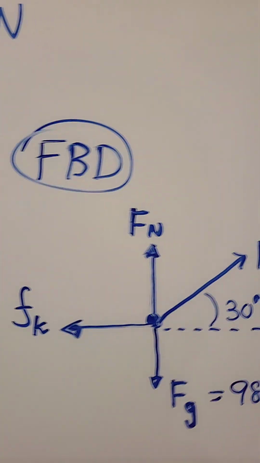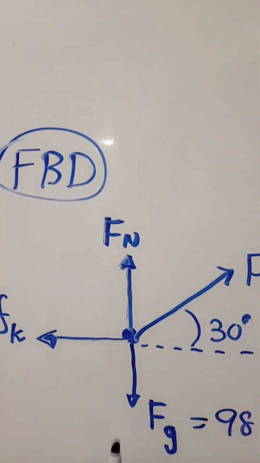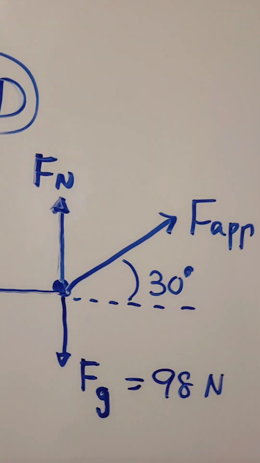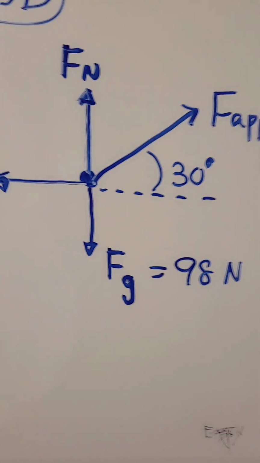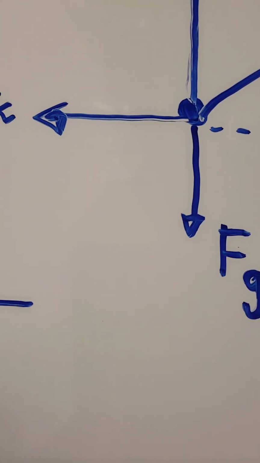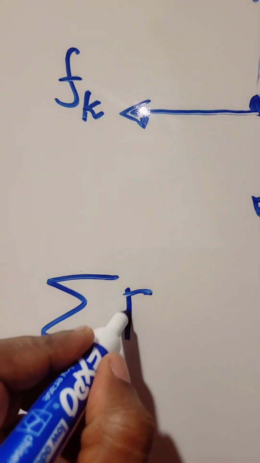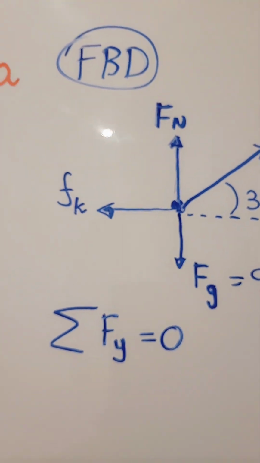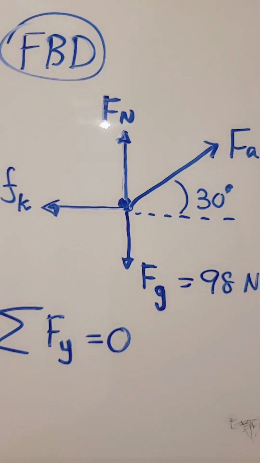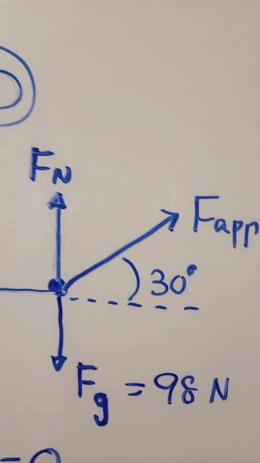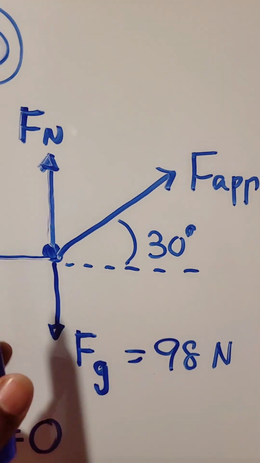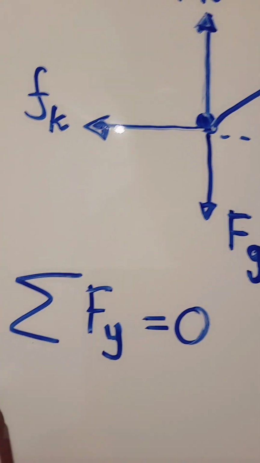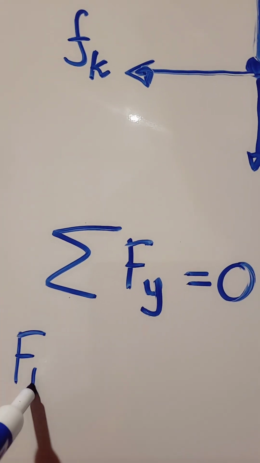As a result, all the forces in the y direction should balance out. Okay, so I'm going to write that down. The sum of all the forces in the y direction should equal 0 because there's no motion in the y direction. And then look, there's f of n. I'm considering up as the positive direction, so I have f of n, normal force.